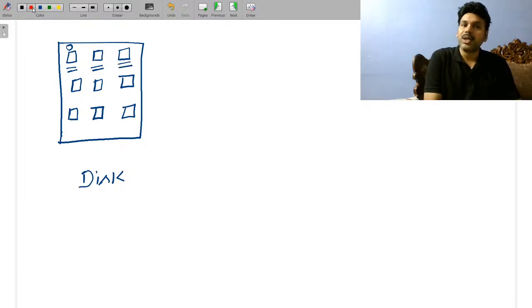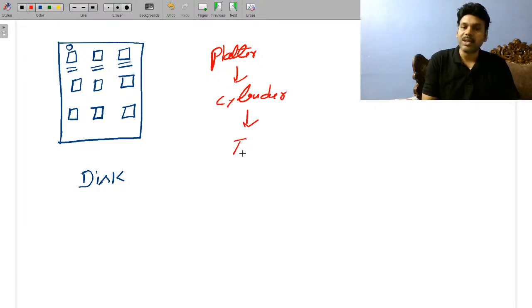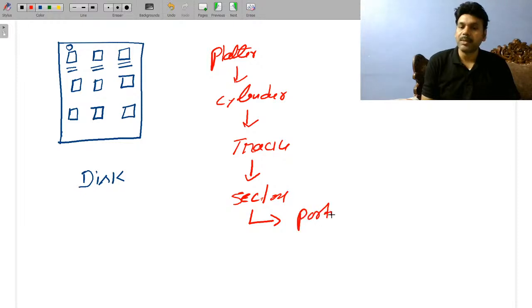When we talk about disk structure, initially we have the concept of a platter, then cylinders, then tracks, then sectors, and in the sector we store the exact portion of your data.